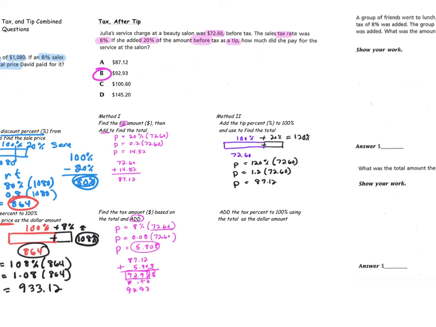If we use a tape diagram with 100% plus 8%, we'd have to use this amount because we're trying to find the tax on the amount for services. If we added it onto this amount and used this amount, we would get too much. So it is not efficient to use this. So this would be the method we'd prefer to use based on this particular problem.